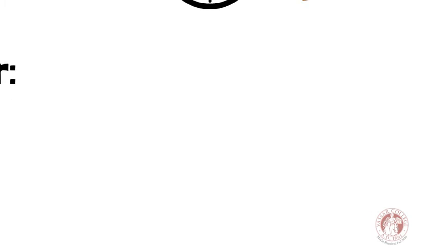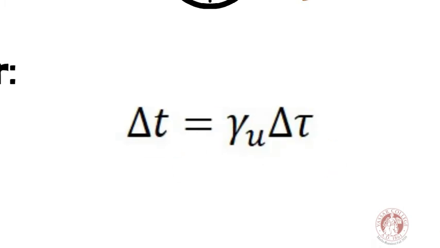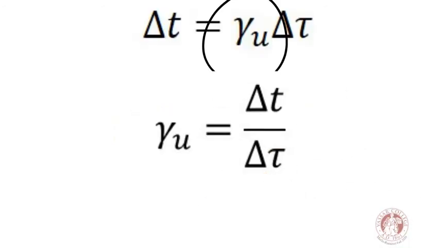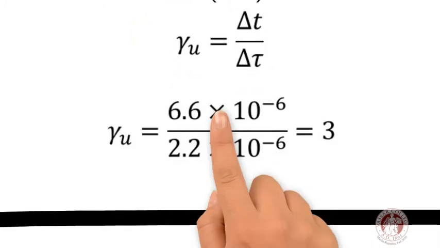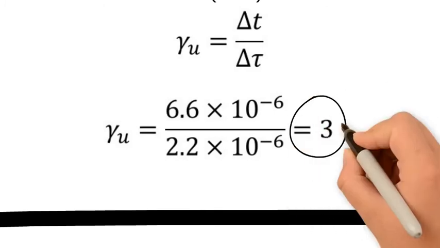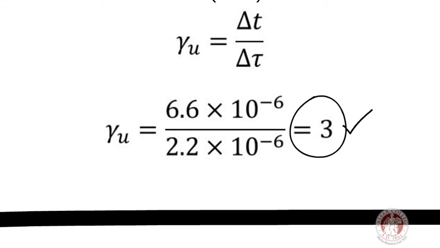As we can see, the solution has two parts. First, we need to calculate the relativistic factor using the time dilation equation. Inserting the values of delta t and delta tau, we find that the relativistic factor is the following. In the second part, we use the relativistic factor multiplied by the rest mass to get the relativistic mass.